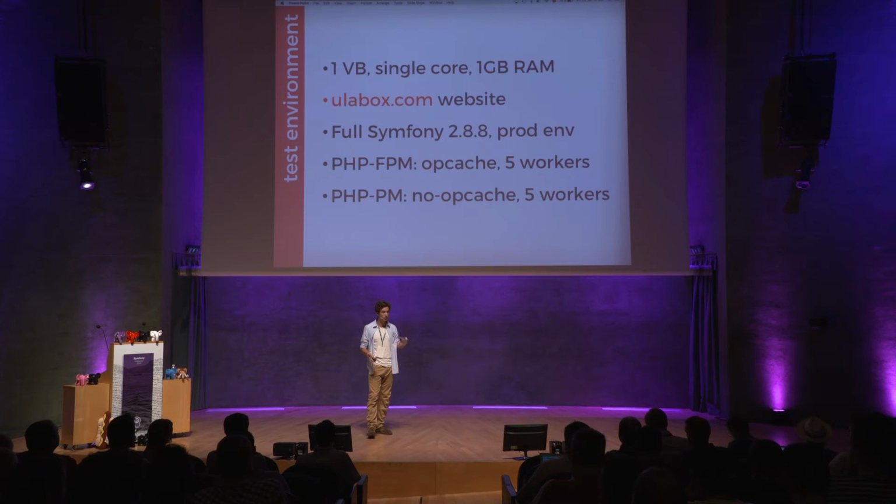Why? Of course, the first request will need to do all the parsing, all the AST, all the bytecode, but it's the same process all over and over again, so there's no need for Opcache. So you get rid of one extra layer that you don't need, which is nice. You don't need the Opcache to perform really well on PHP-PM.